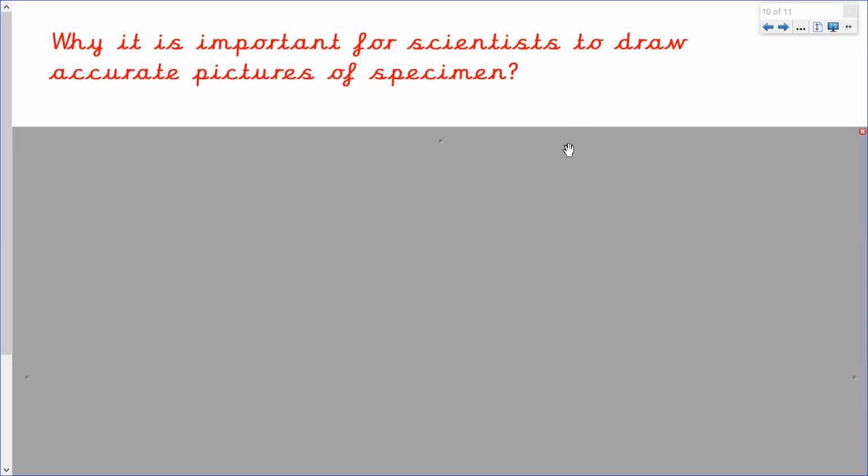Specimen is a type of living thing. So why is it important for scientists to draw accurate pictures of a specimen? Great, it is important to draw accurate pictures so you know what it actually looks like. It's really important to show something as it actually looks.